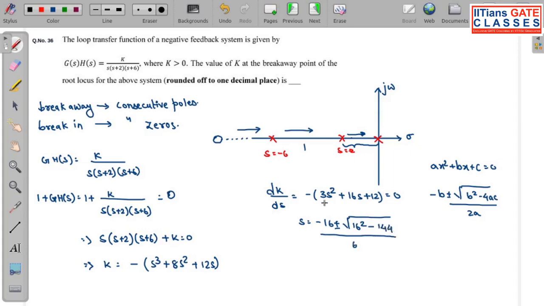Remember this is 2a, so 2 into 3, that will be 6. So minus 16 plus or minus under root of 256 minus 144, that results in 112, divided by 6. Now I have to solve, put this value in the calculator.